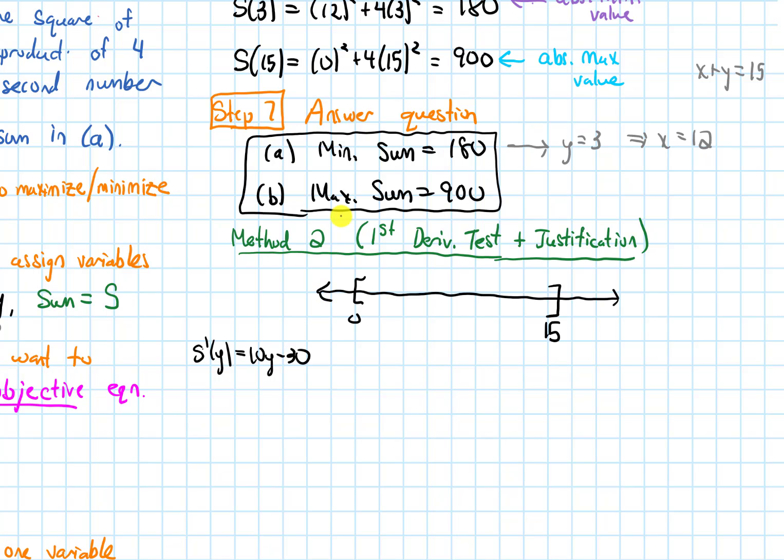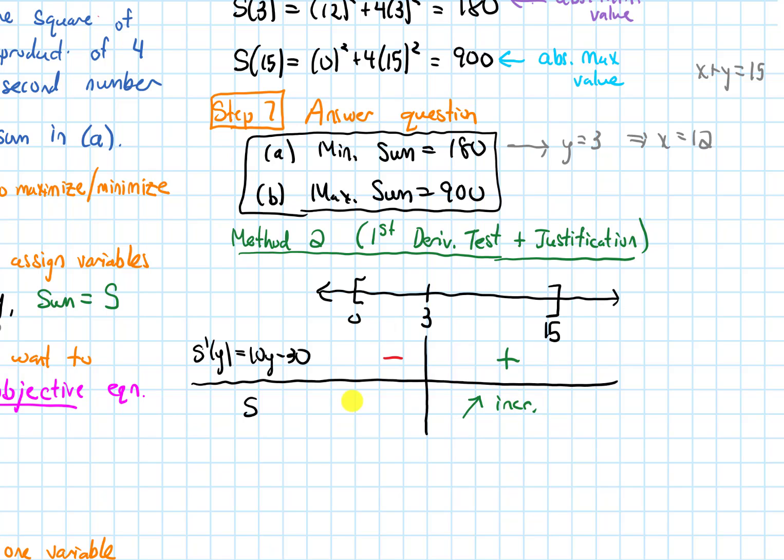Oh, and whoops, I forgot to put a tick mark at my critical number. We had a critical number at 3. All right, and based on my derivative, I'll keep track of the original function s. If I were to plug in something smaller than 3 into the derivative, it makes it negative. But if I plug in something bigger than 3 into the derivative, it makes it positive. And when s prime is positive, s is going up. It is going to be increasing.